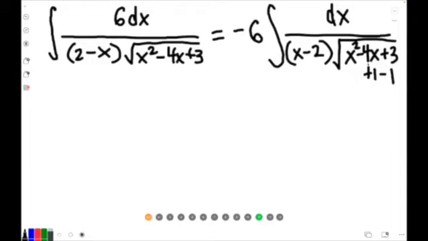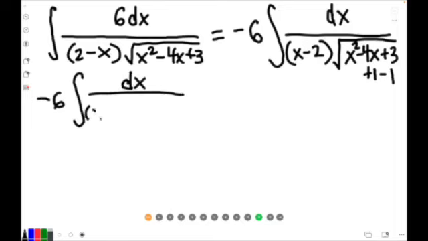Alright, so let me write it again here. So we have now -6. Don't forget about that number, our constant, all over x minus 2 multiplied by the square root of, we already said that this is x squared minus 4x plus 4.